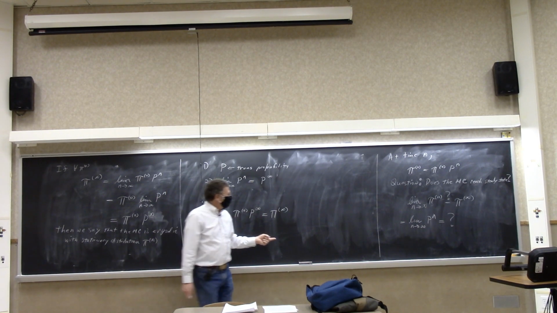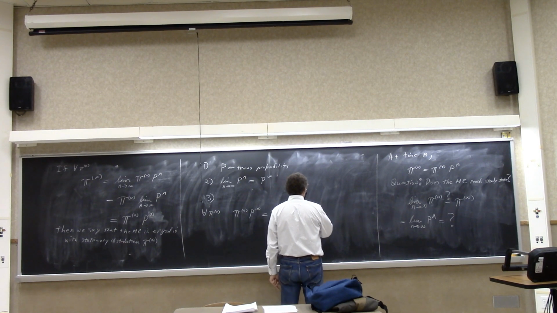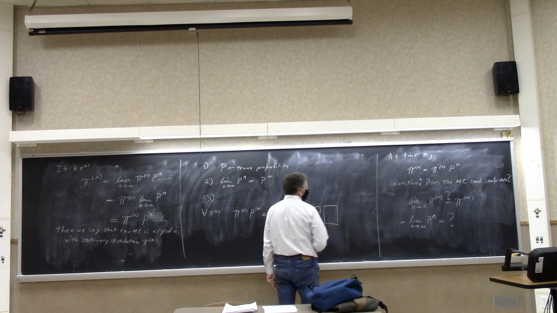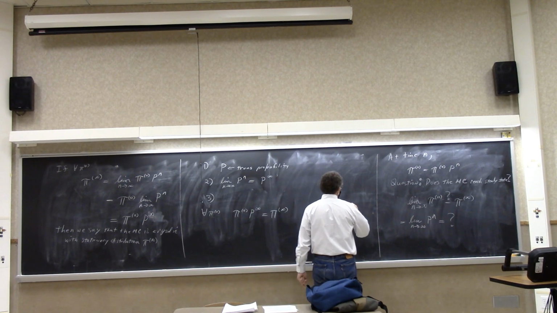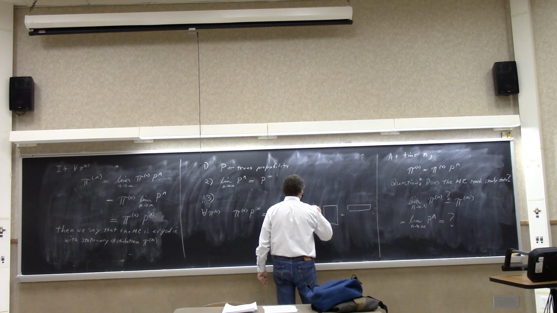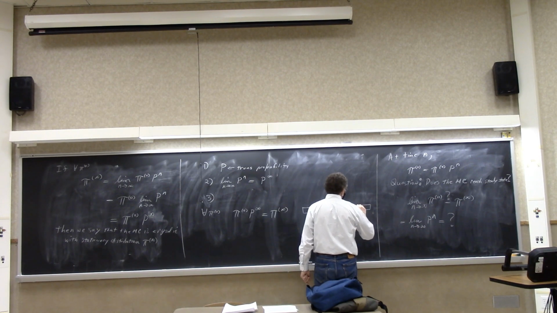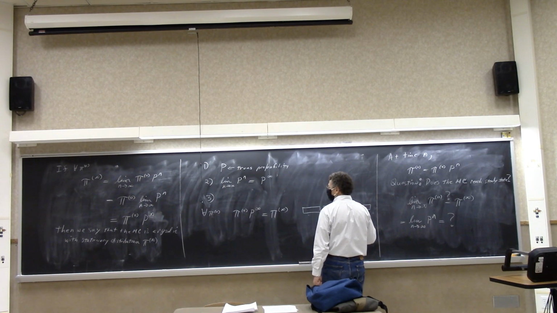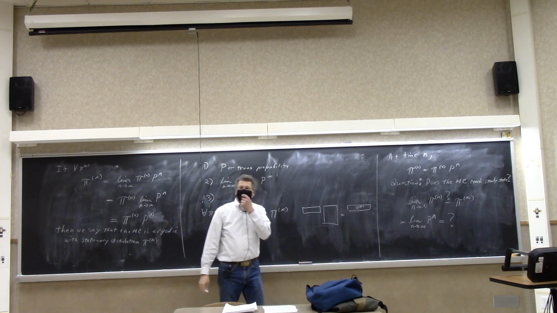We have a vector that looks like this, then a matrix that looks like this, and this thing is equal to this other thing here, and this is pi infinity.